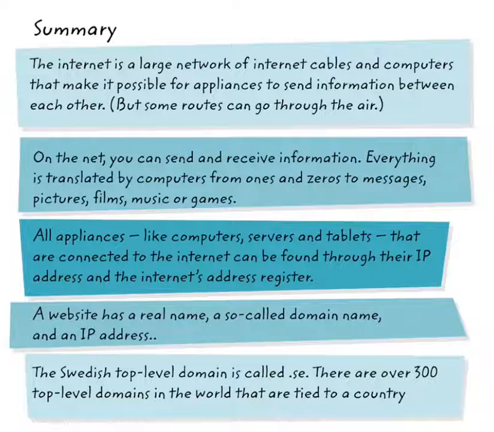All appliances, like computers, servers, and tablets, that are connected to the internet can be found through their IP addresses and the internet's address register. A website has a real name, a so-called domain name, and an IP address. The Swedish top-level domain is called .se. There are over 300 top-level domains in the world that are tied to a country.